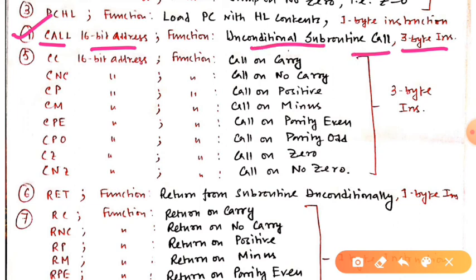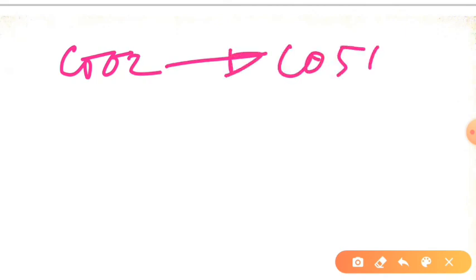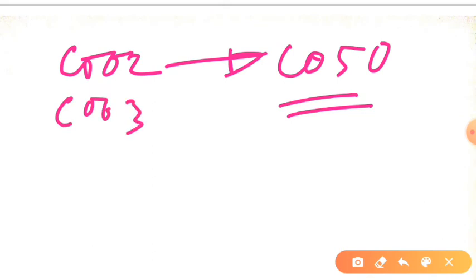Now there is a difference between the jump instruction and the call instruction. The difference lies in the fact that when we use the jump instruction in order to jump from the memory location C002 to the memory location C050, we do not save the content of the program counter, that is, the address of the next memory location C003.